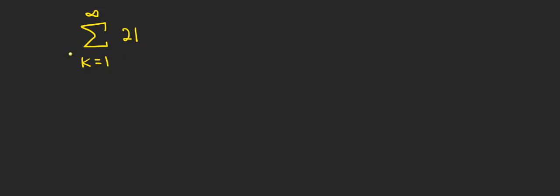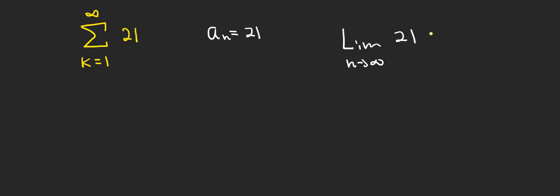What about this infinite series? What's happening is that you keep adding 21 an infinite number of times. So it's kind of obvious that this infinite series diverges because we cannot find the finite sum. Another way of looking at it is this. What is a of n? A of n is 21. So what happens as the limit as n goes to infinity of 21?